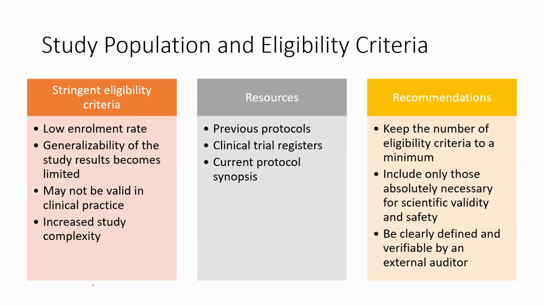Now coming to another question: study population and eligibility criteria. You have to be strict with the eligibility criteria. Why? Because you are doing a clinical trial. You can't take everyone in your trial.